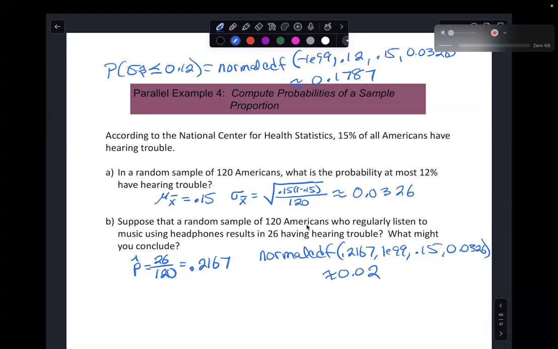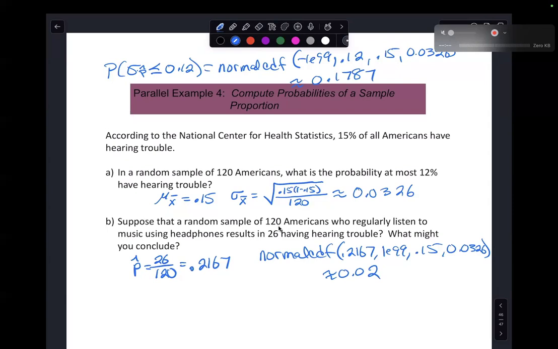If it was less than, so let's say that my p hat gave me 0.11, then I would use less than or equal to. It goes by its relationship with the p hat and the population proportion. So this is showing that there's a 2% chance of getting a sample of 26 out of 120 having hearing trouble. But look at the random sample that we chose.